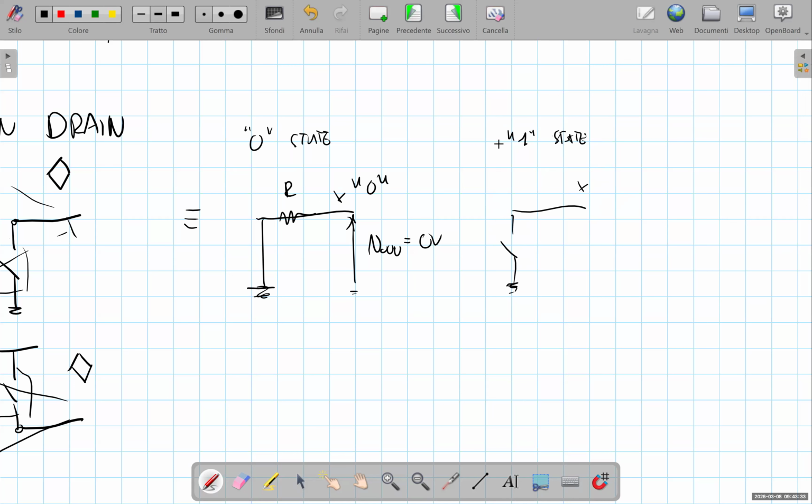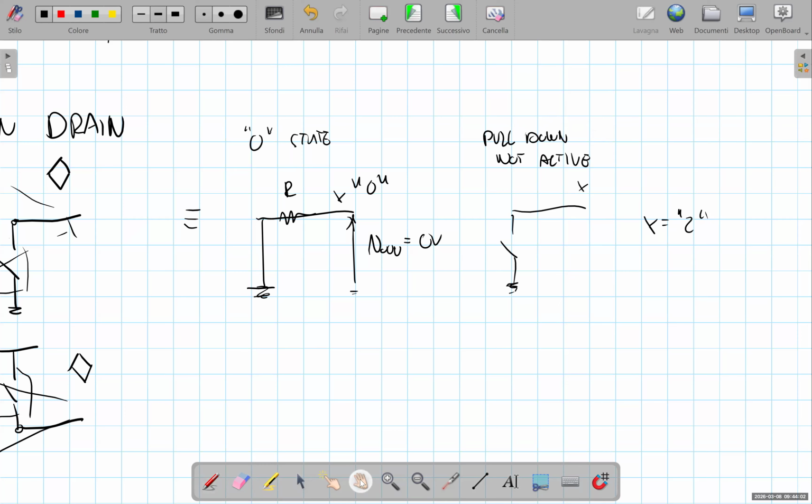So when the pull-down network is not active, the output is in a high impedance state.